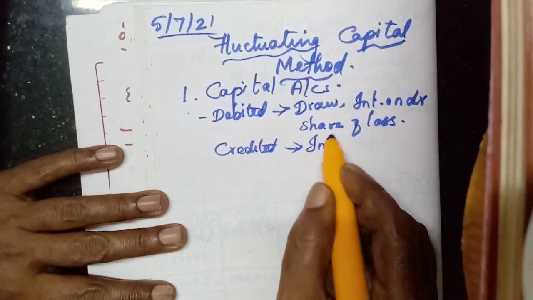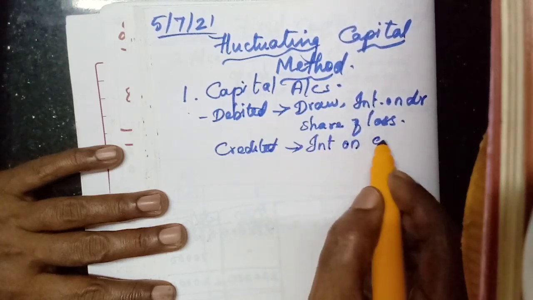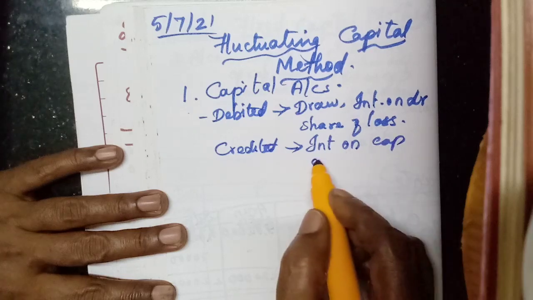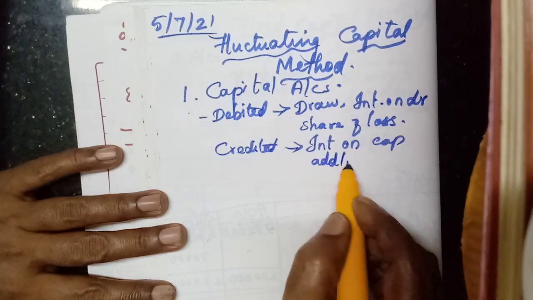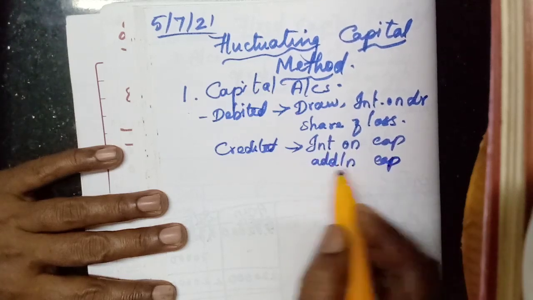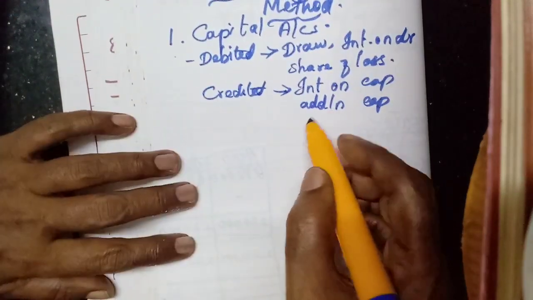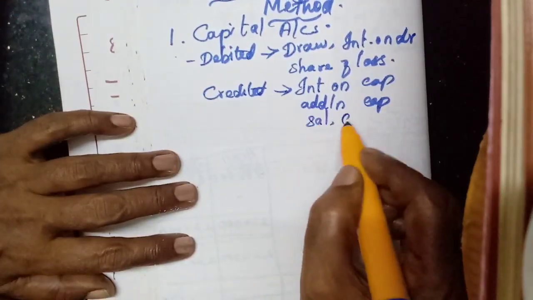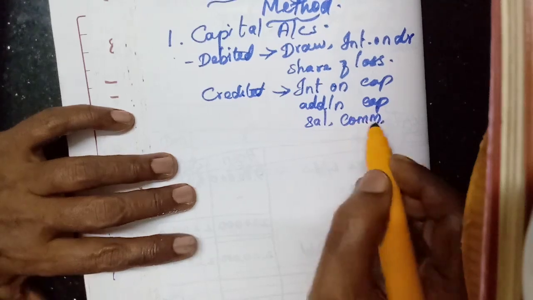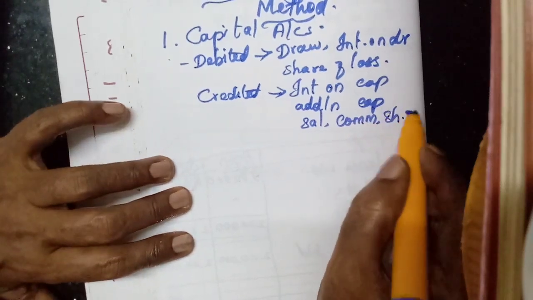We know that interest on capital, any additional capital, then salary of partners, then commission of partners, then share of profit.